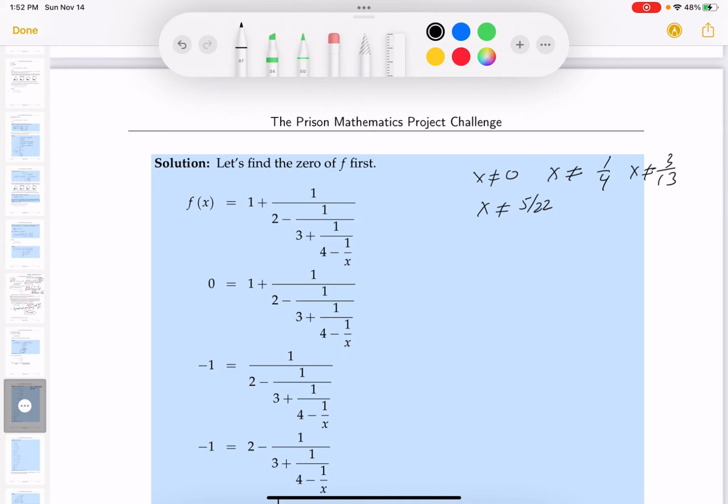I'm going to say, I should say minus 1. And this over here, it's tough though, isn't it? A lot of writing.